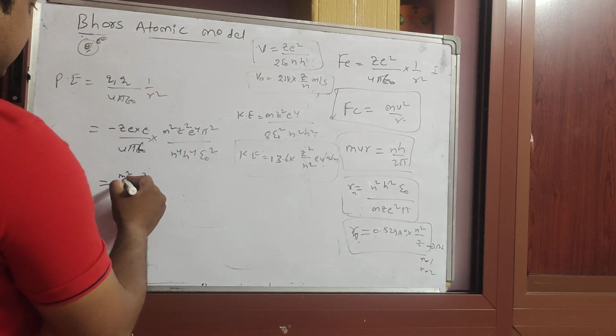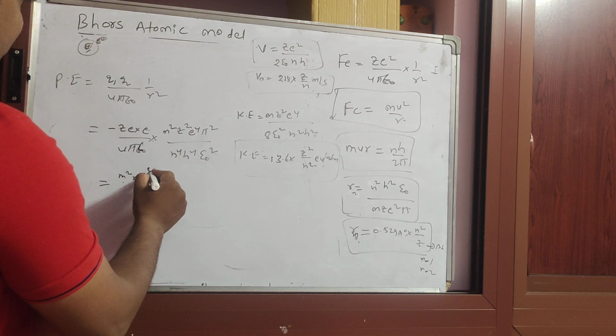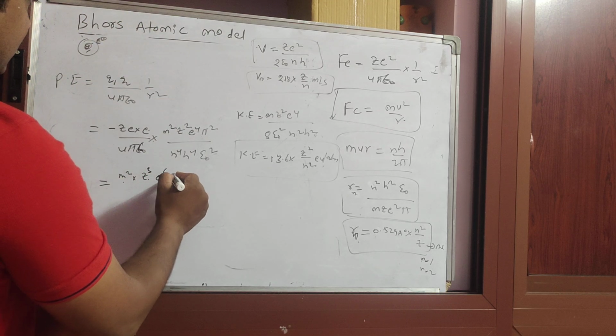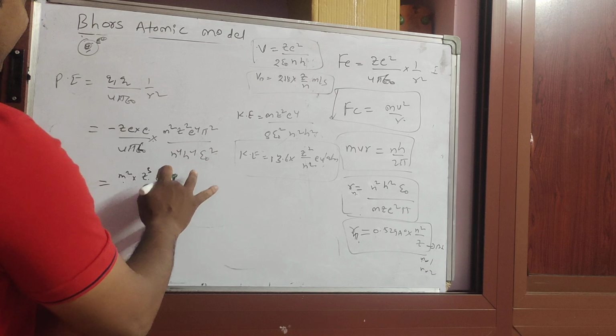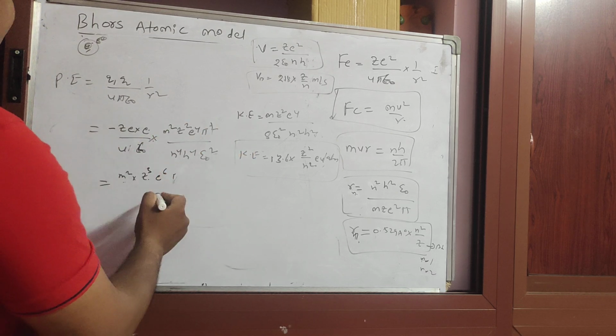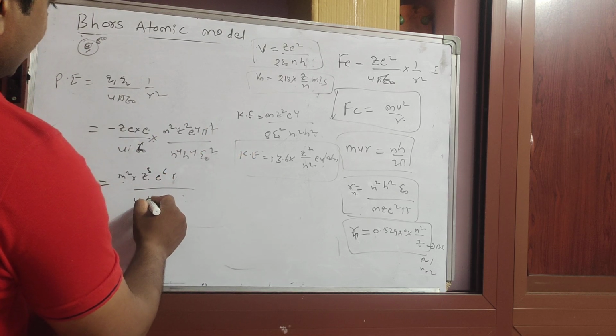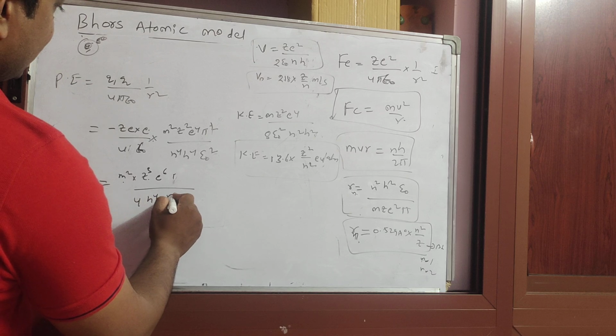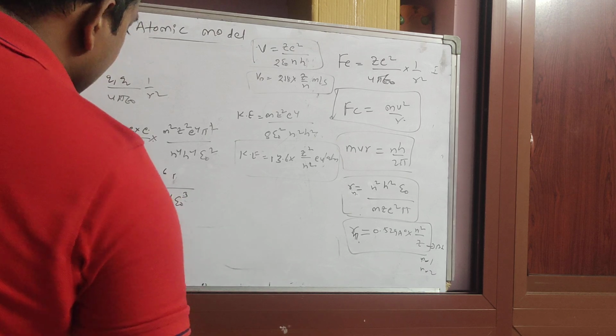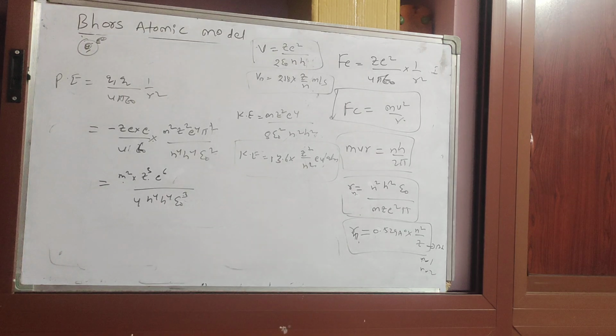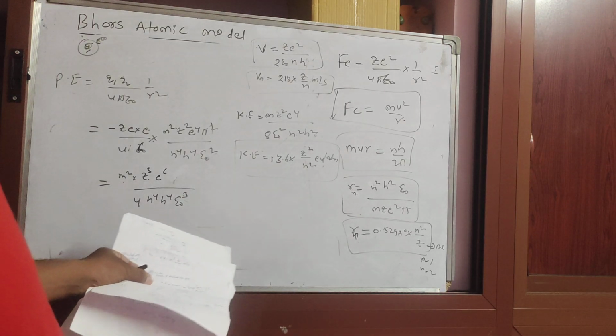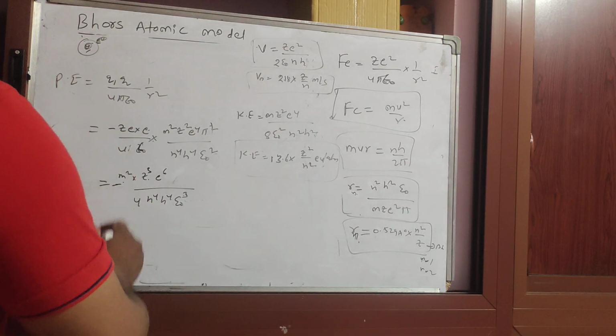That's it. Next, m square z cubed e to the power of 6 pi square, the pi is cancelled, then 4 n to the power of 4 h to the power of 4 epsilon cubed. This is also minus.